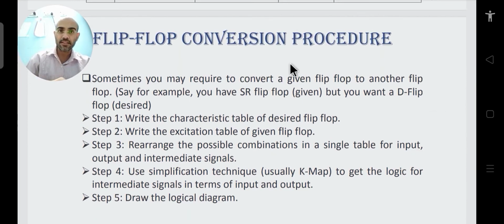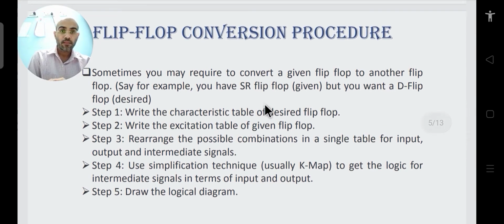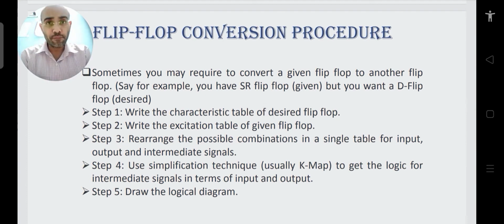Whenever we have to convert a given flip-flop to the desired flip-flop, we will require the characteristic table and characteristic equation for the desired flip-flop, and we will require the excitation table for the given flip-flop. What are the steps which we have to follow?